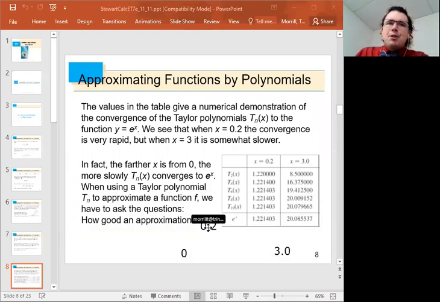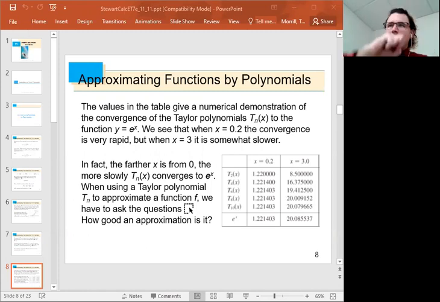So this is something to keep to heart. If we want to approximate a function, we get better approximation or more accurate results from taking a higher degree Taylor polynomial. And we also get more accurate results for using x values that are close to the centered value for the Taylor series.